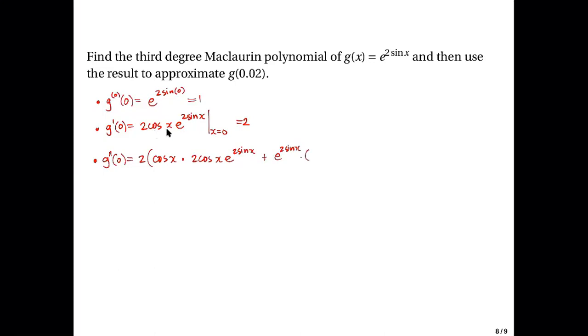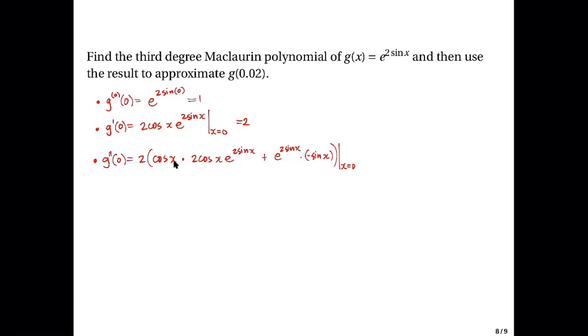What is this? This is negative sine x. And then we evaluate this at x equals 0. At x equals 0, sine x will be 0, so this will disappear. And then we will have here, this guy is 1.